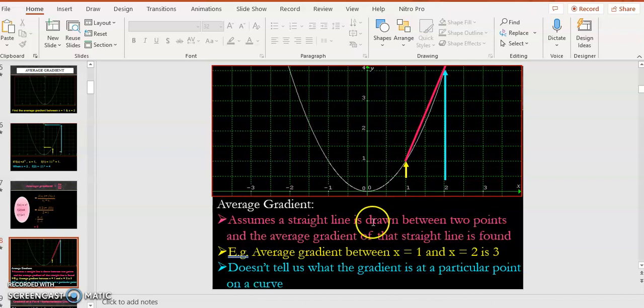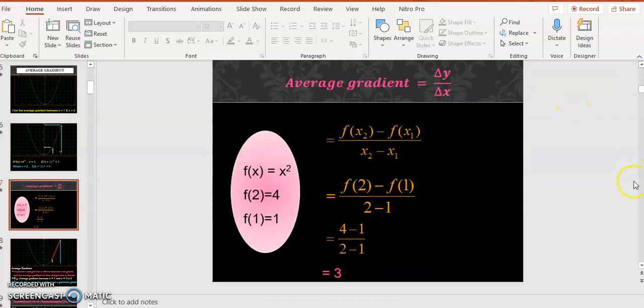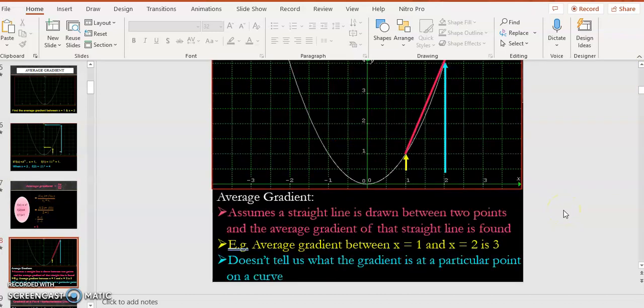So if you have a straight line, you have 2 points like here and there, like this point and that point. So it assumes a straight line is drawn between 2 points, and the average gradient of the straight line is found.